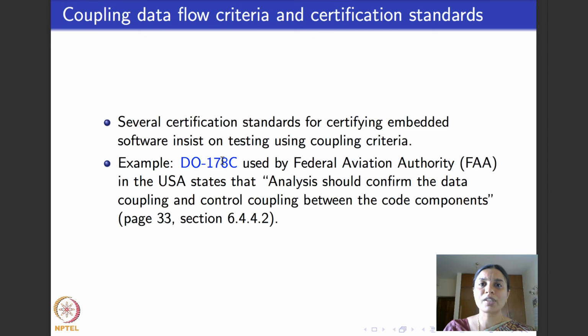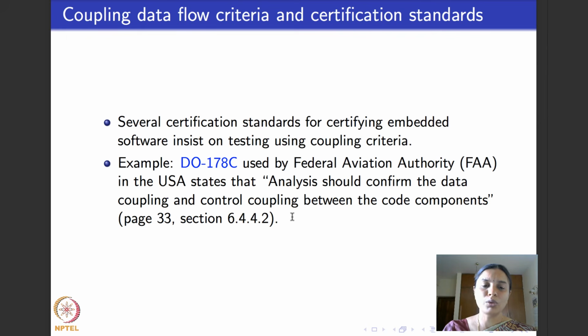One example of a certification standard that explicitly mentions coverage criteria is the standard DO-178C. It is used by the Federal Aviation Authority in the USA, and in India also. Several of the DRDO firms use DO-178C as a reference for testing avionics applications.